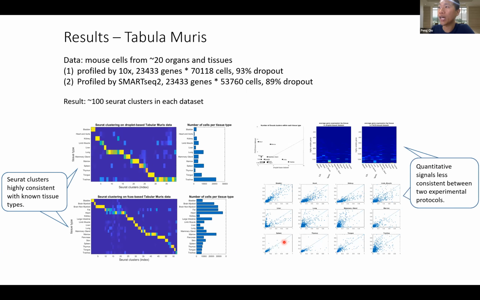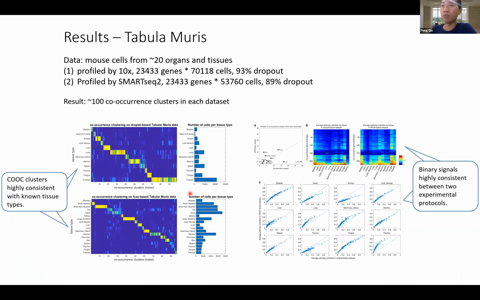But if we look at the quantitative aspect of the data, then comparing the 10x data set versus the SmartSeq2 data set, the variation is a lot larger. This shows that the gene pathways identified by co-occurrence analysis and also the pathway activity level are highly conserved between the two data sets.